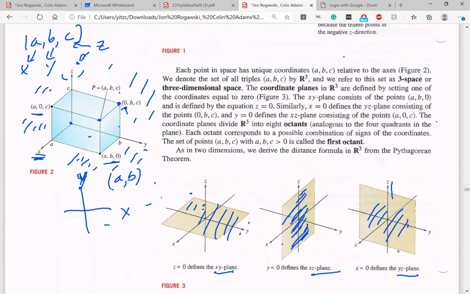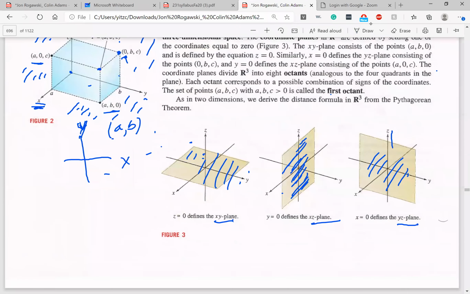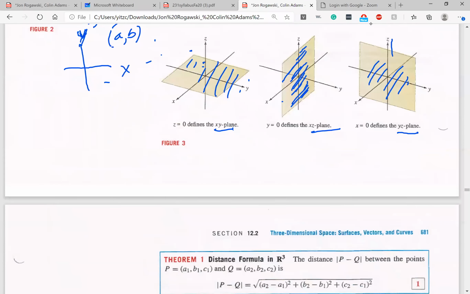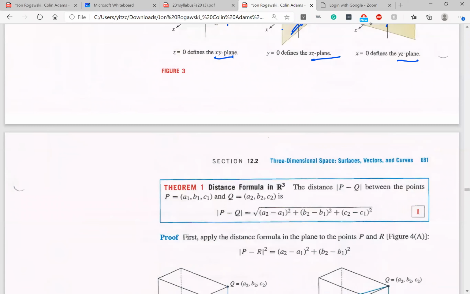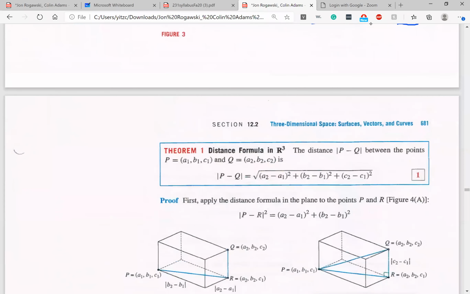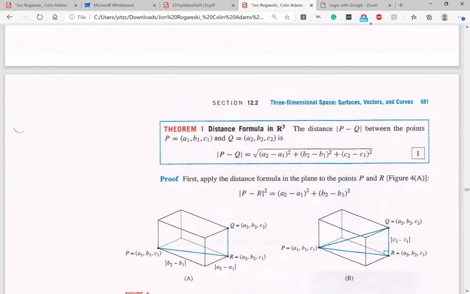Is this clear, please? I just need a couple of people to respond. Nope, looks good to me. All right, perfect. I don't want to ask too many questions, and I understand that it's annoying to watch these lectures online, but if just a few people can answer when I ask a question, that would be great, and we can move on.